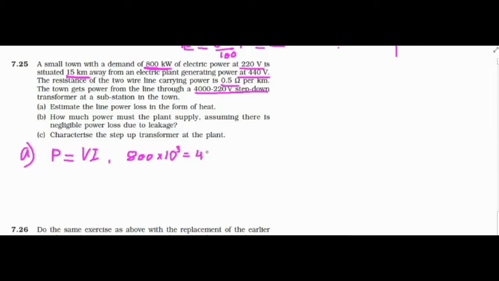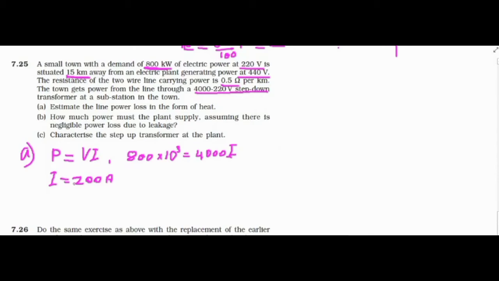So the voltage we have to take is 4000 into current I. From this you can calculate the value of current I. You get I is equal to 200 ampere.